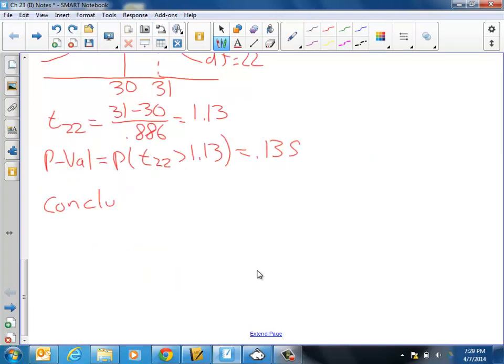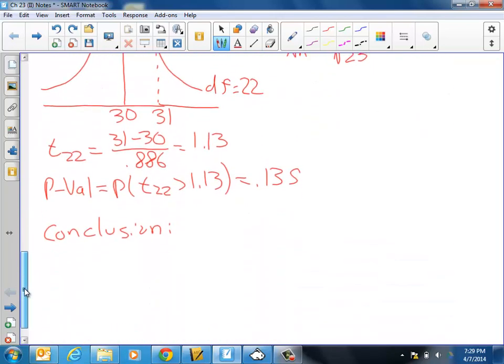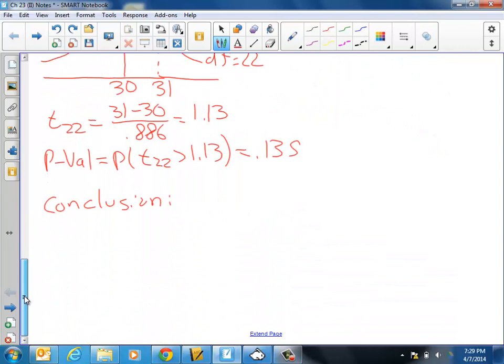Let's talk about our conclusion here. We're going to conclude the same sort of thing that we would have for a hypothesis test if we were doing it for a single proportion, only now for the mean.